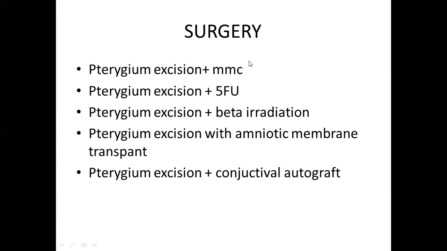And these days, people don't even use suture or glue anymore. They just create a bleeding base, some form of little injury that can trigger tiny bleeding. When that happens, you just carry the conjunctiva that you have excised and plaster it to it, and it takes. So those are the options. Next slide, please.